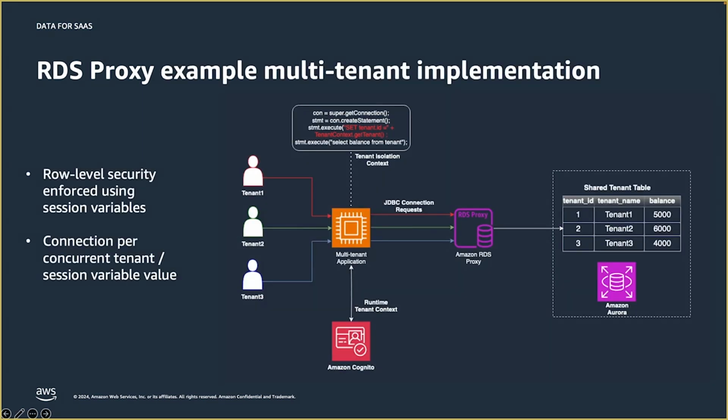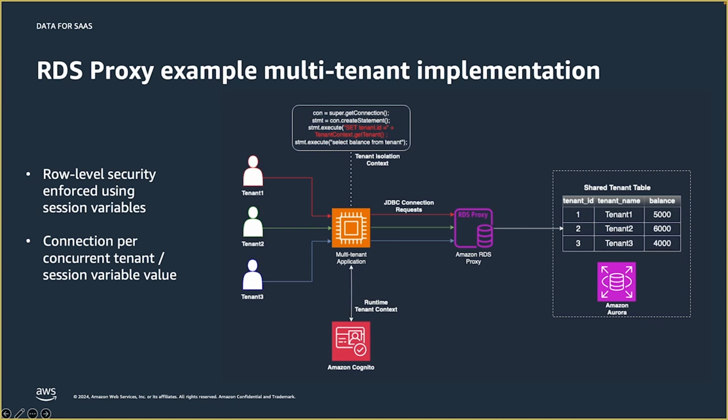And here's an example implementation of what RDS Proxy looks like in a multi-tenant application. Here we're again using row-level security to enforce our tenant isolation using those session variables. That means that effectively we're going to get a connection per concurrent tenant, or per session variable value.